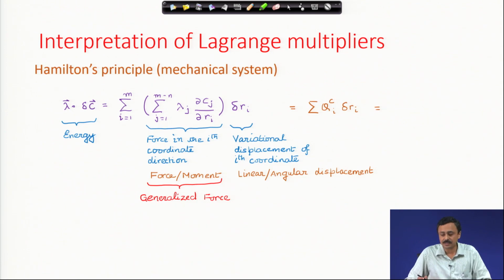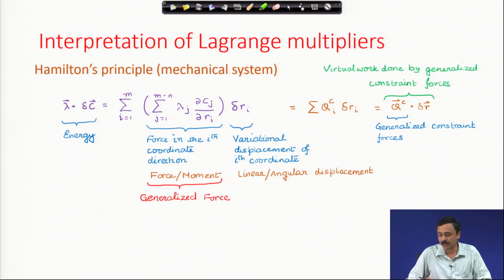I can write this as the summation of q i c, where the c in the superscript indicates that it arises out of the constraints, times delta R i. It can again be written as a dot product of our generalized constraint force vector and the virtual displacement vector of the physical coordinates.